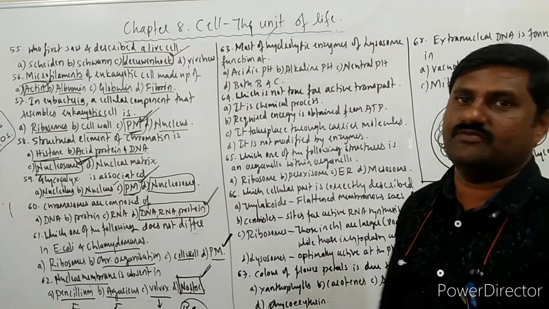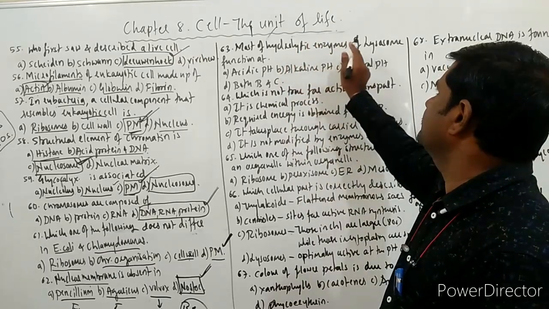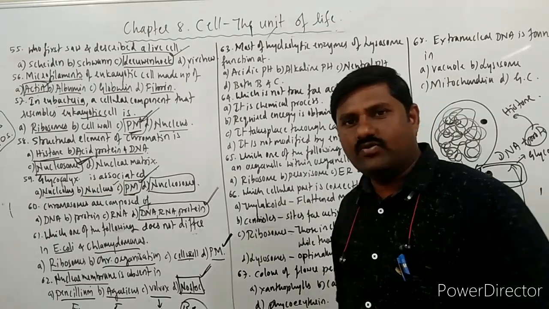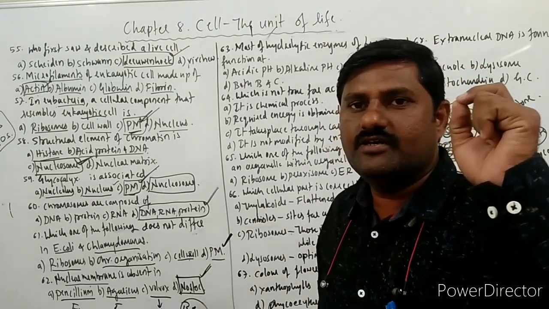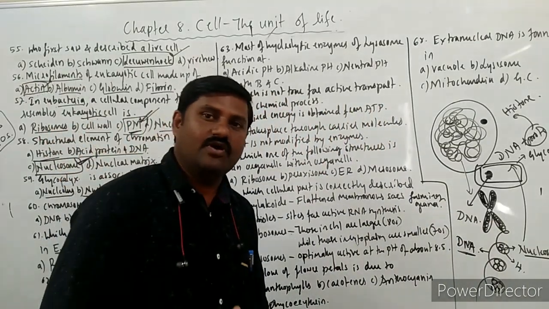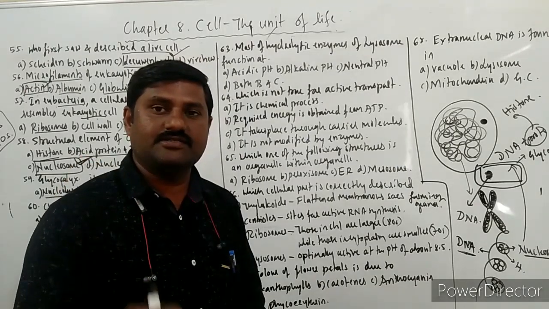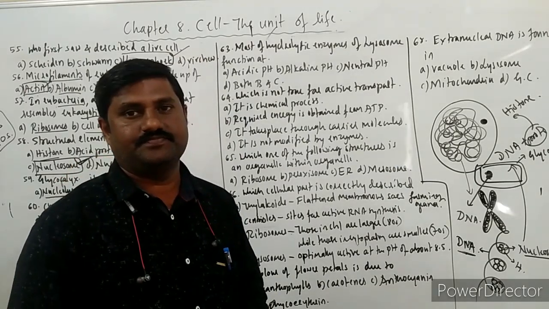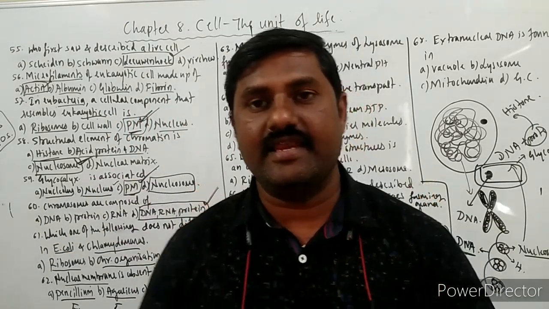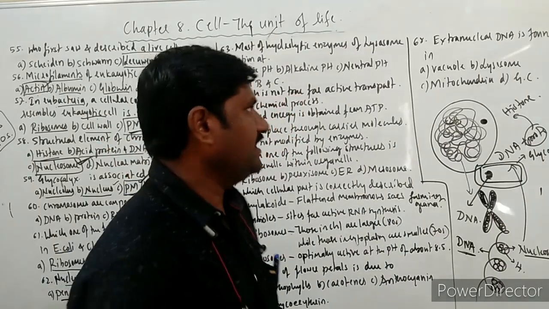So come to the next question. Very important question it is. Most of the hydrolytic enzymes of lysosome function at what pH? So here the pH matters. Already we know lysosomes consist of hydrolytic enzymes, and these hydrolytic enzymes act only in acidic conditions.